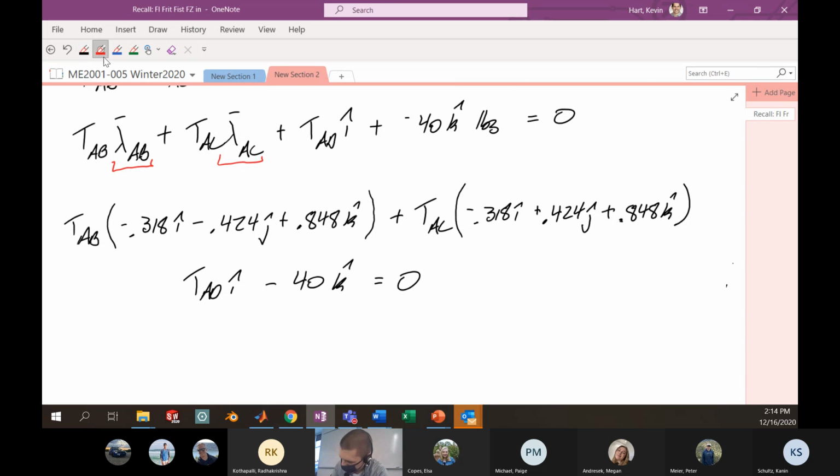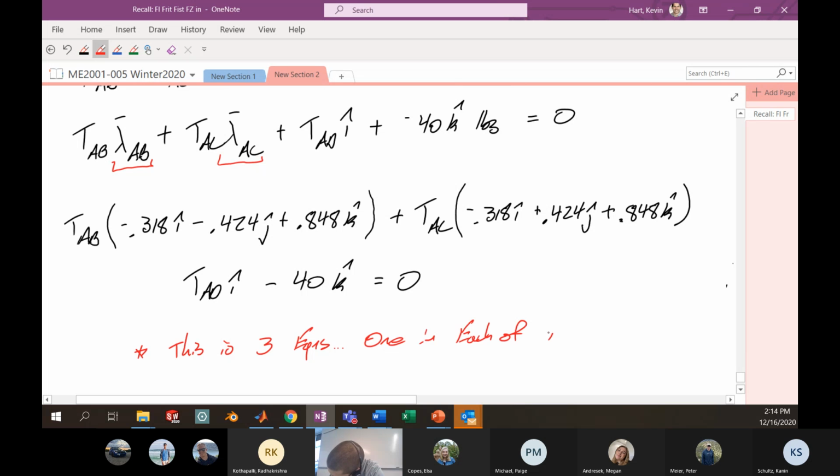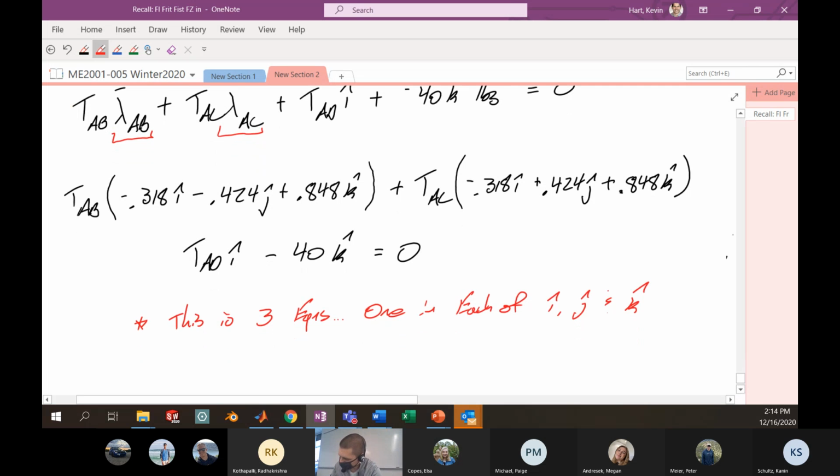So this is one in each of i, j, and k. So giving us the sum of the forces in x equals 0, the sum of the forces in y equals 0, and the sum of the forces in z equals 0.